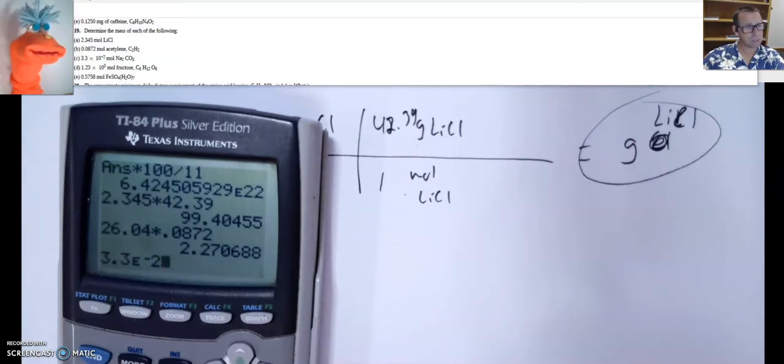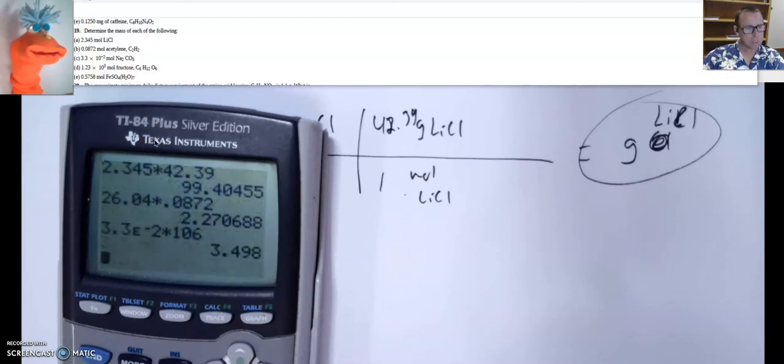Molar mass of sodium carbonate. The molar mass of sodium carbonate is 105.99 grams per mole. 106 grams per mole. Okay, so times 106. Okay, so 3.5, two significant digits, 3.5 for the grams of sodium carbonate.